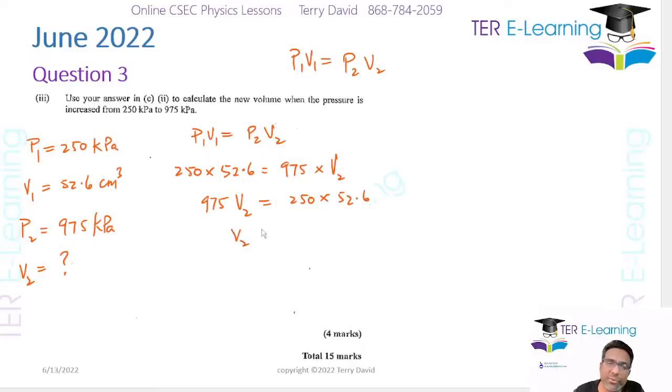So therefore, V2 is equal to 250 multiplied by 52.6 all over 975. So let's see, 250 multiplied by 52.6 divided by 975, and I'm getting my new volume as being 13.5 cm cube.